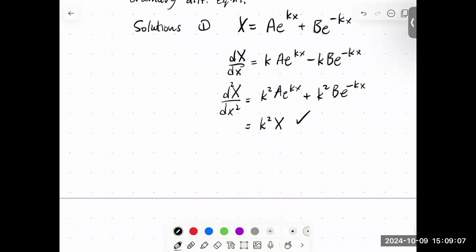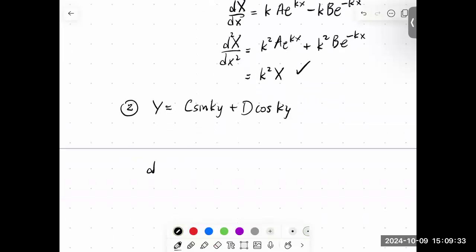Okay, so that's good. Now for the second equation, you've already told me that it's going to be trig functions. This one will depend on y instead of x. So, sorry, it's not sine times sine, it's sine and cos. Okay, just for the sake of completeness, we'll take 2 derivatives and verify that it works.